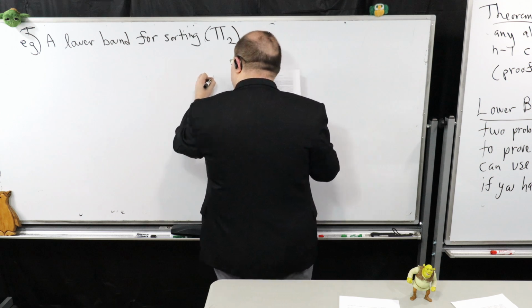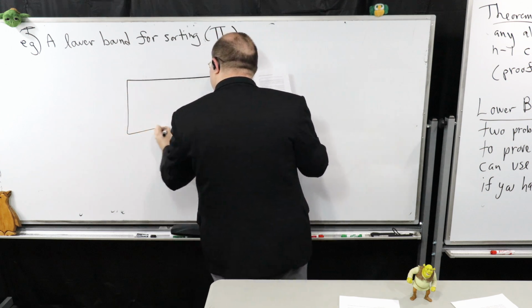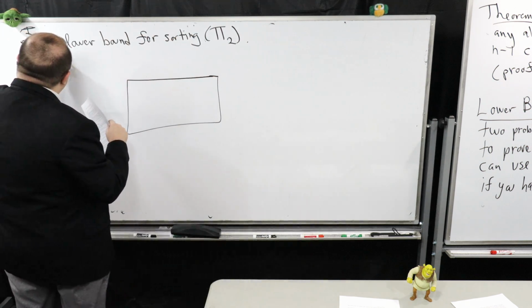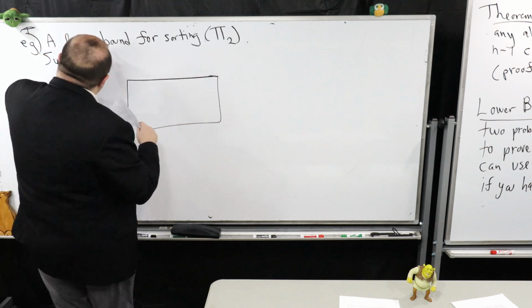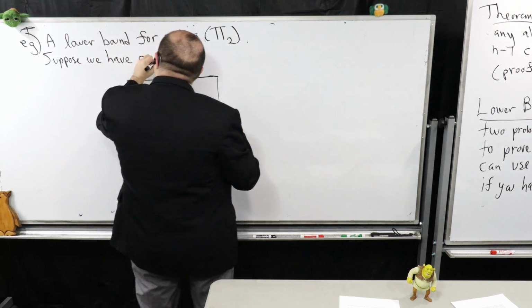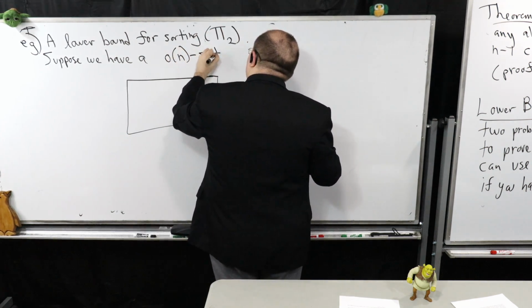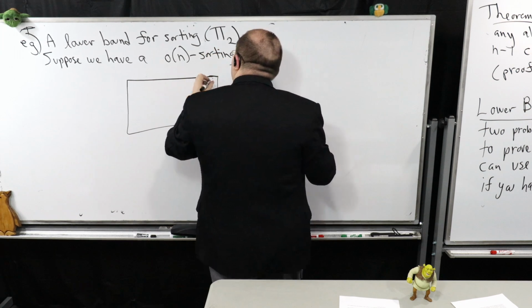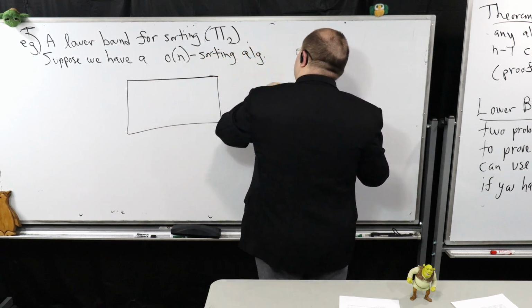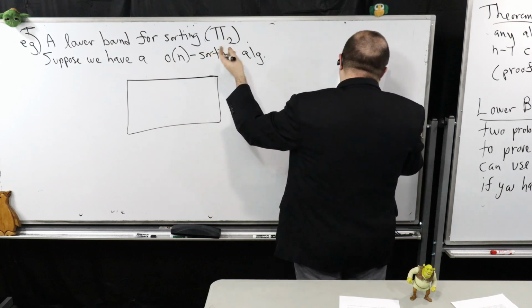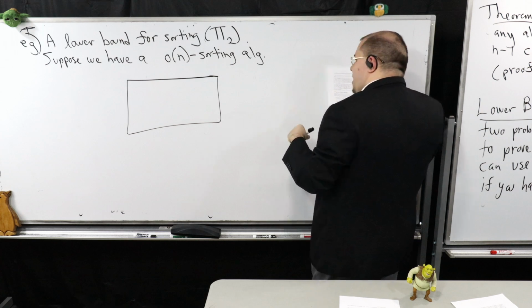So I'm going to draw a picture here. Suppose we have a little o of n sorting algorithm. So suppose we have one of these.